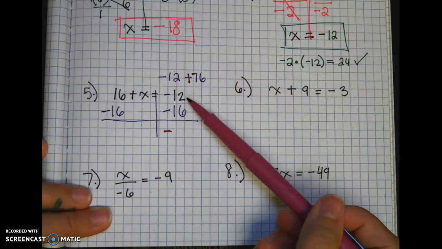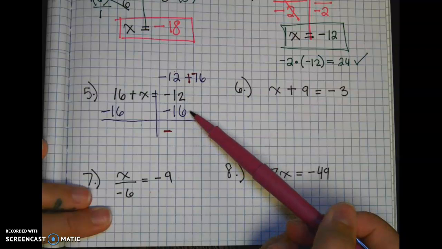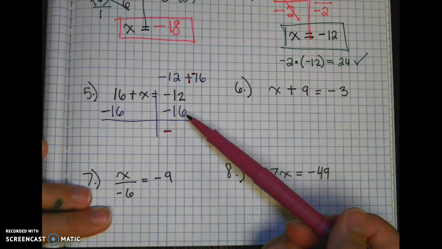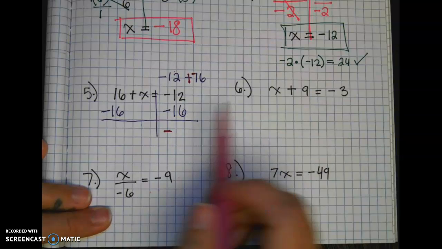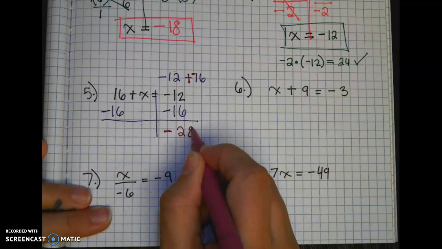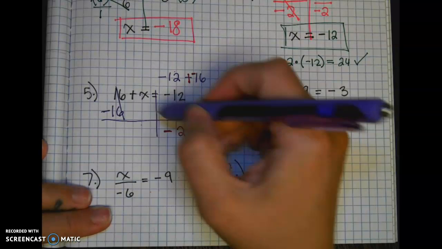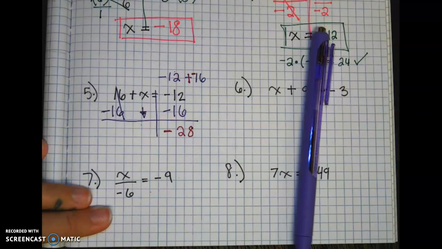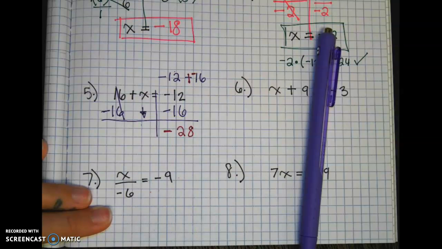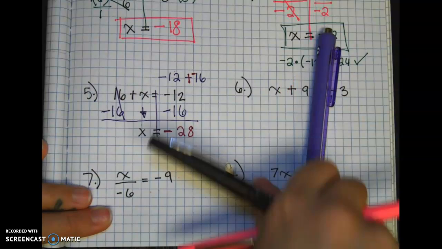So I'm starting at negative 12 and I have negative $12 in my bank account. I am going down negative $16 because I really wanted a new Xbox, so I really needed another one. So I know that I have negative $28 that I owe to the bank. And these would cancel. And I would bring down my x. That x equals negative 28.